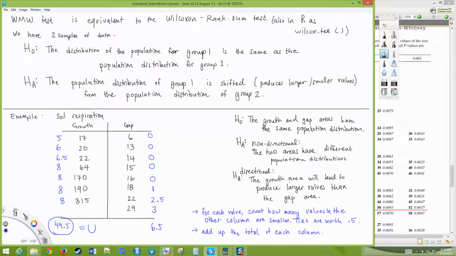If I had flipped this around and said the gap area will tend to produce larger values than the growth area, then our data does not support that, and we would stop the test there and say we have no evidence to support this. But this is an alternative hypothesis. Yes.